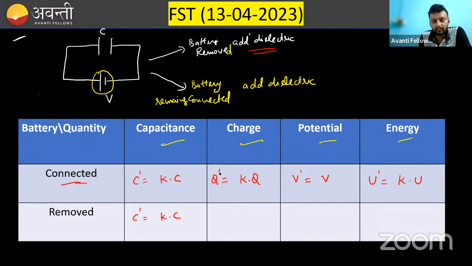Now, this is the situation when battery is removed. There is no battery and dielectric is inserted. Capacitance becomes K times.